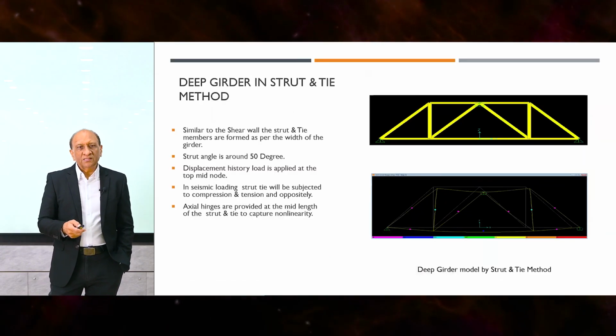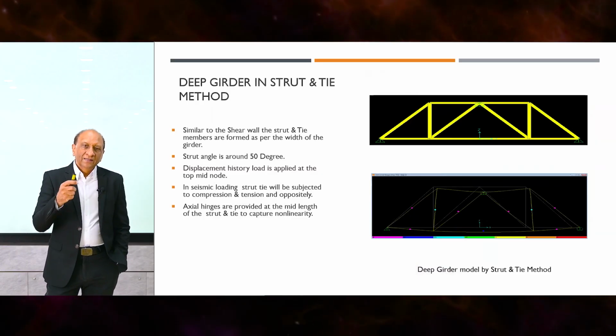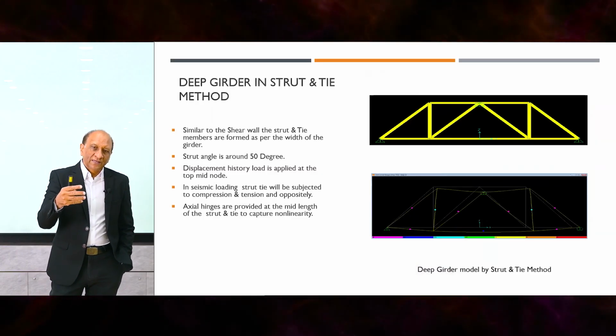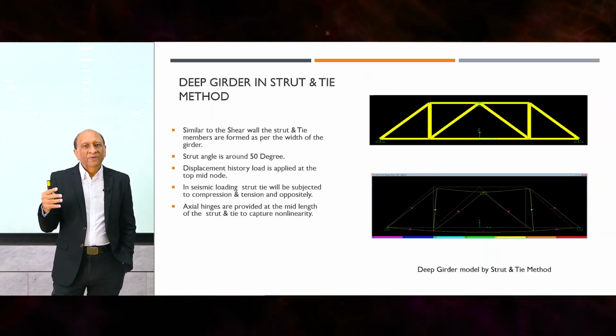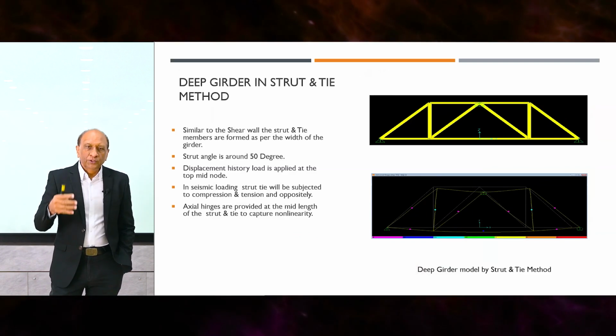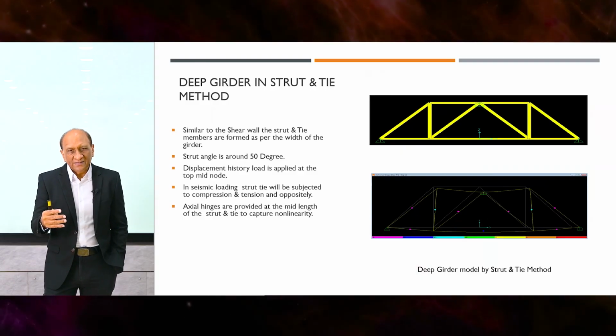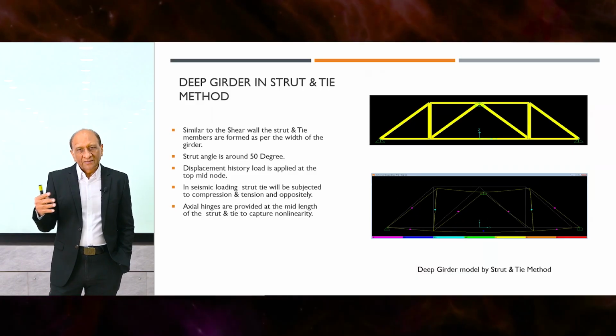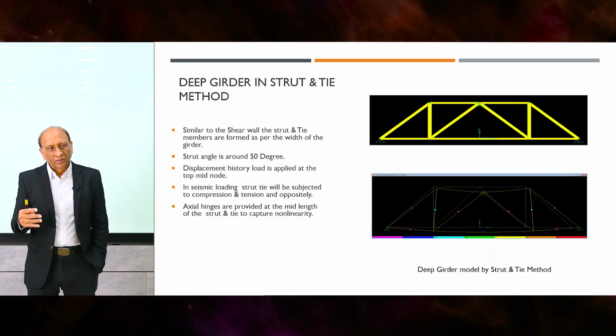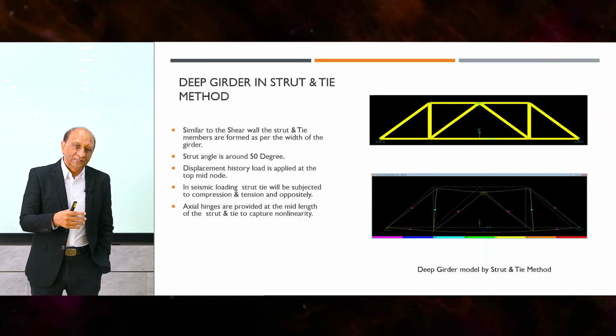For deep beams and girders, if you want to do nonlinear analysis, there are several ways. You cannot use a frame element for the deep beam, as we already know. You could use a layered shell element in SAP to model the girder as a shell model with the nonlinearity embedded in the nonlinear shell.